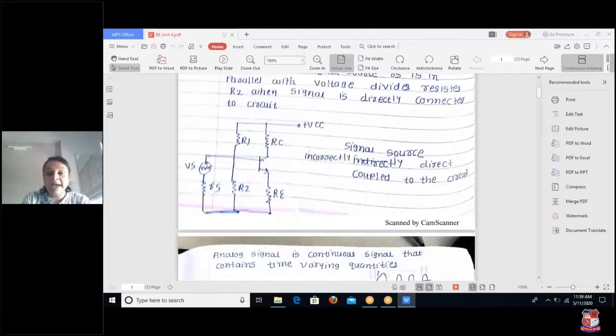Whenever we give the AC signal directly to the input, at that time you cannot get the output as a pure AC signal. It means whenever we measure the input and output signal, interruption will be produced.